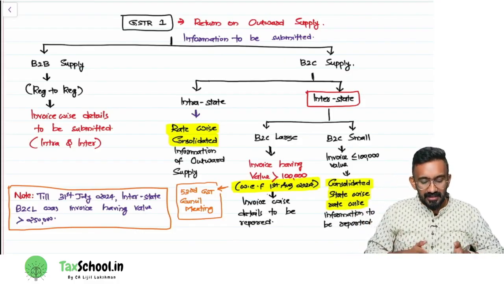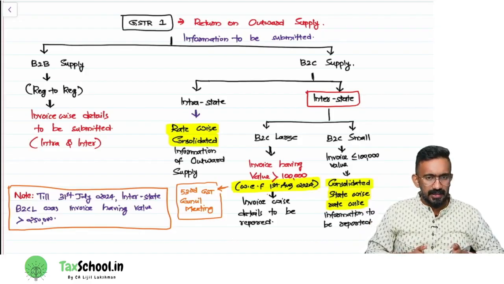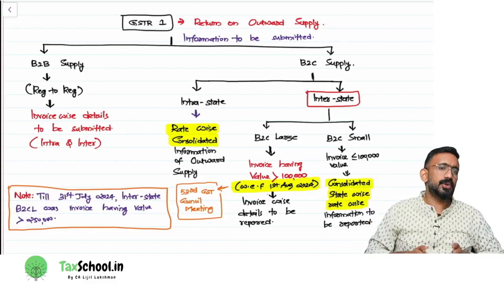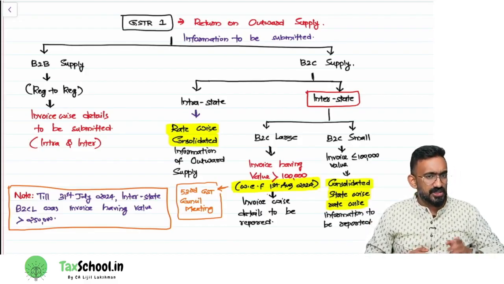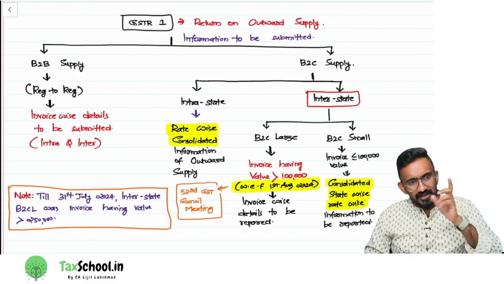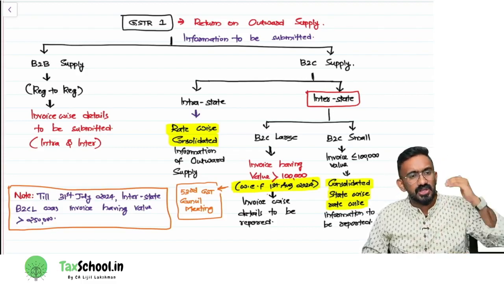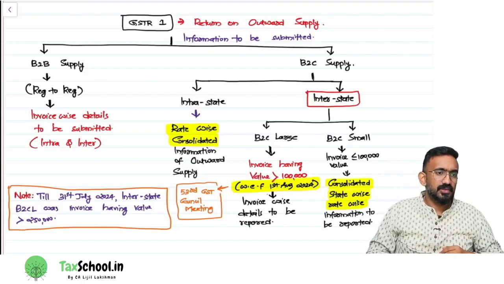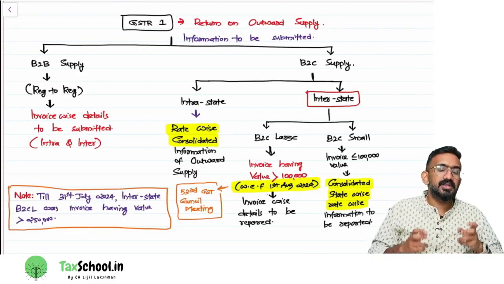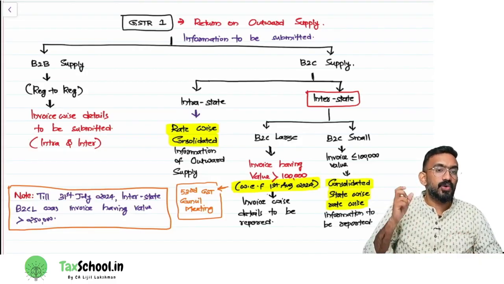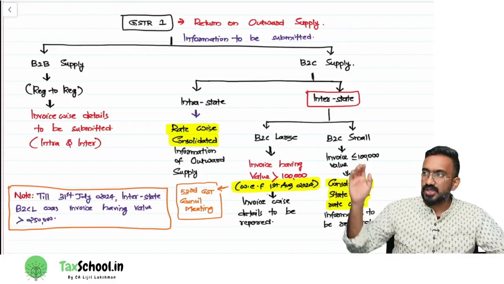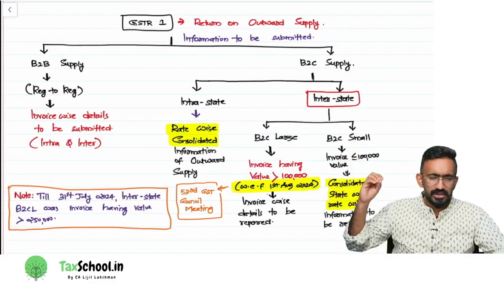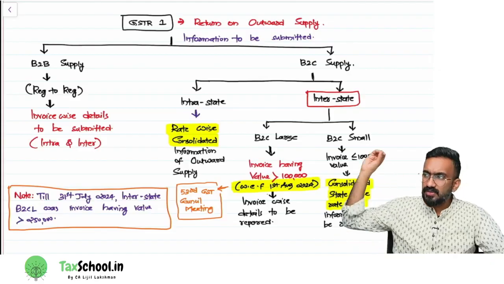So whatever invoices you have issued in the month of March 2025, from 1st March to 31st March, whatever B2B invoices you have generated, you have to submit this information to the government on or before the 11th of the next month. This is your understanding, right? In GSTR1, both intra and inter B2B have to be reported with invoice wise details.